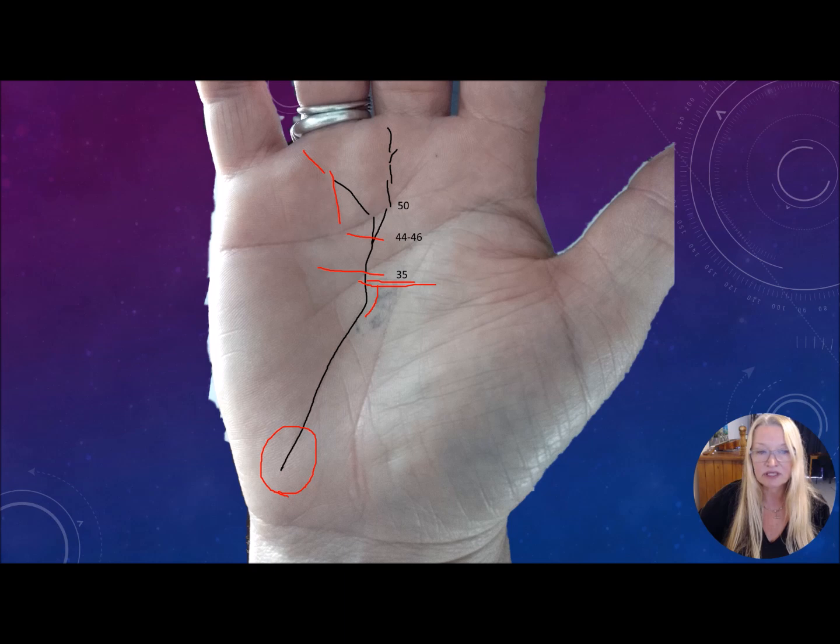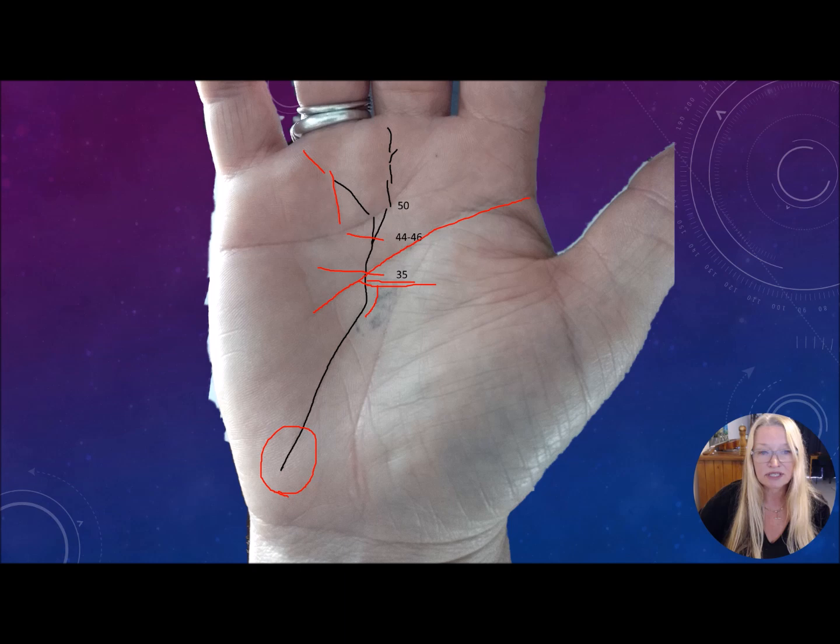So then there's something happening around that age as well, around 28 onwards up to 30, and that may be something that provokes change again, because another line, another worry line crosses straight over this fate line at the point where it crosses this line here, which is the headline.